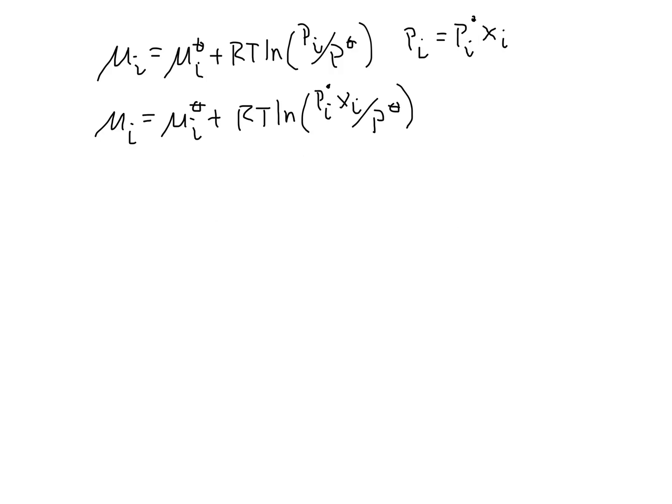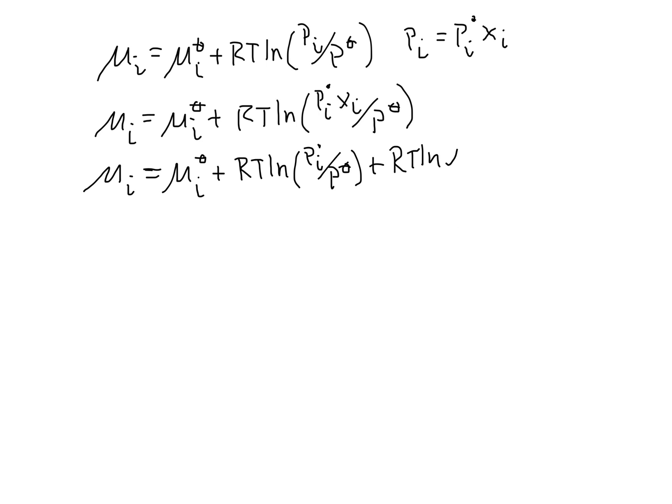We can split up our natural log term and write that the chemical potential of the component in the solution is the chemical potential in the standard state plus RT, natural log, of the vapor pressure above the pure substance divided by 1 bar plus RT times the natural log of the mole fraction of that component in the solution.